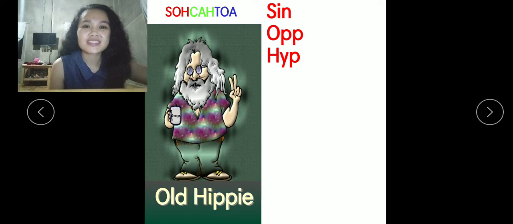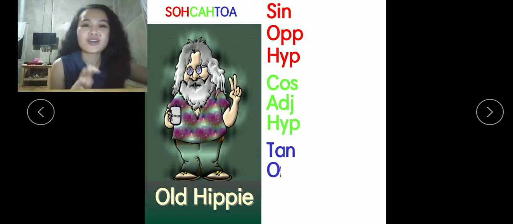In order for you to remember, we have SOH CAH TOA: SOH means sine equals opposite over hypotenuse, CAH means cosine equals adjacent over hypotenuse, TOA means tan theta equals opposite over adjacent.